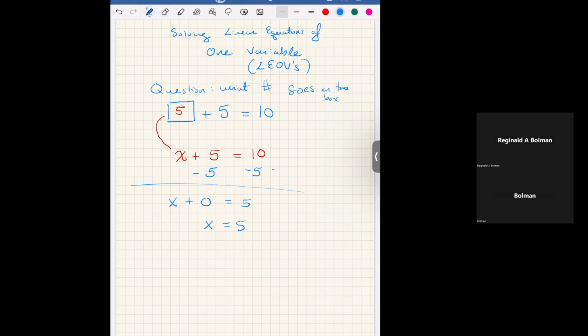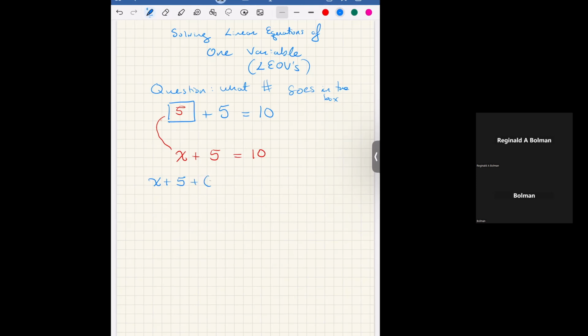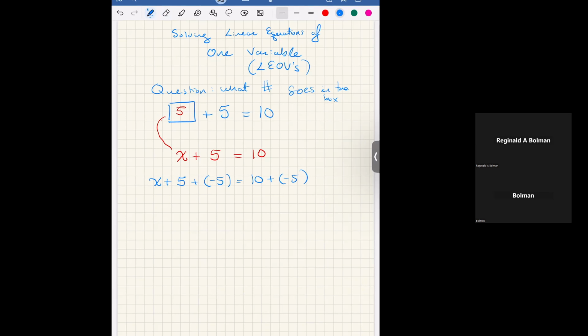Instead of saying that we're going to subtract 5 on both sides because subtraction is the opposite of addition, we're going to use the additive inverse law on both sides. The additive inverse of a positive 5 will be a negative 5. And according to the additive inverse law, if you add negative 5 with 5, you will get 0, which is beautiful.